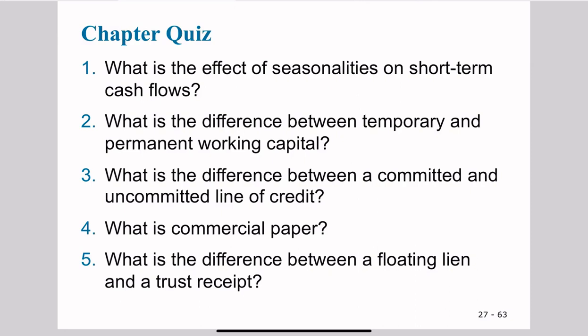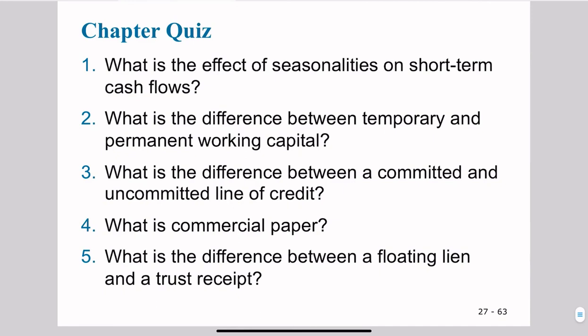And then temporary working capital really depends on the maybe seasonality or fluctuations or cycles of your business operations, right? The definition of temporary working capital is the difference between your working capital and permanent working capital, or you could say your working capital equals permanent working capital plus temporary working capital.